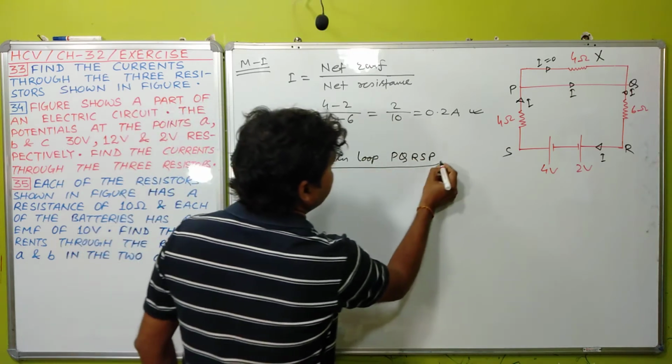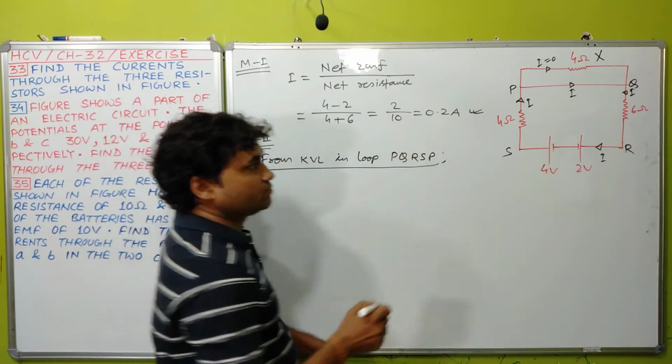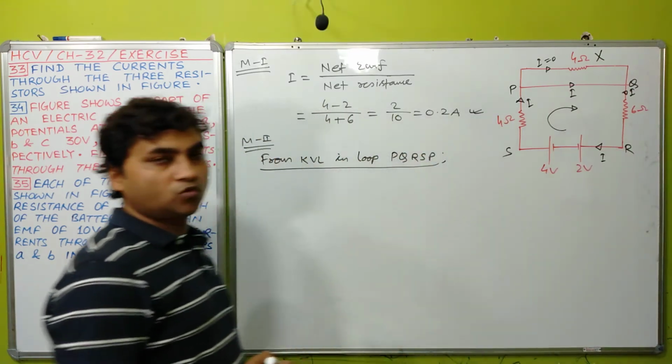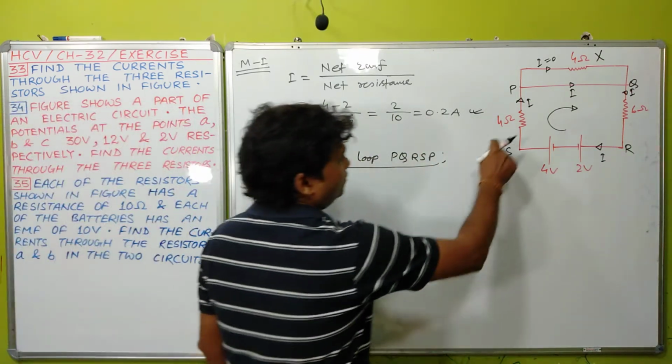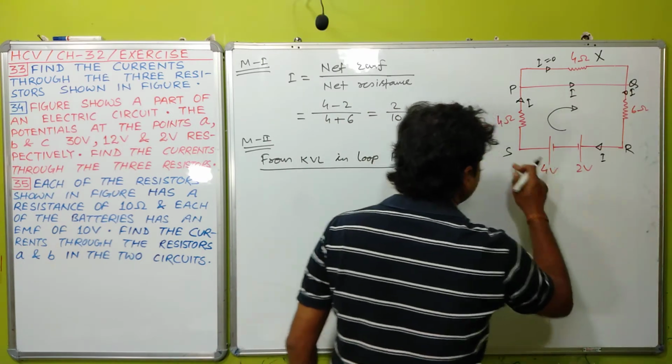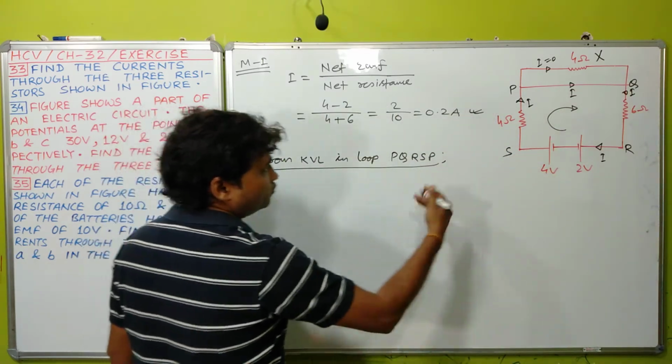We are applying KVL in loop P Q R S P, moving in the clockwise direction. Write down the potential across all resistances and including all EMFs, equal to 0.